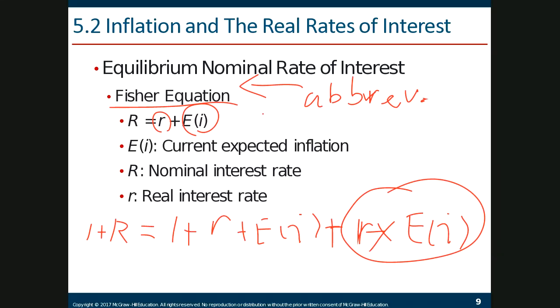And that's why, according to the Fisher equation, if we really make this approximation, we're not going to lose that much. And that's why we say, oh yeah, if we take away this one and we take away this one, approximately this R should be equal to the real rate plus expectation of the inflation.